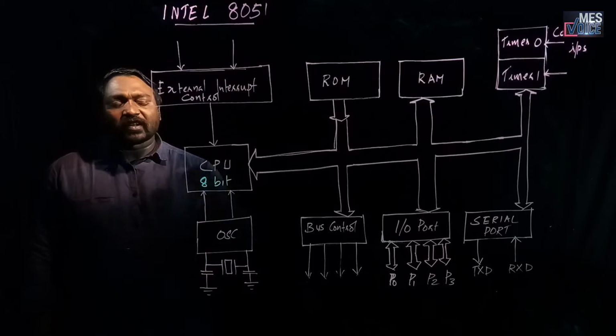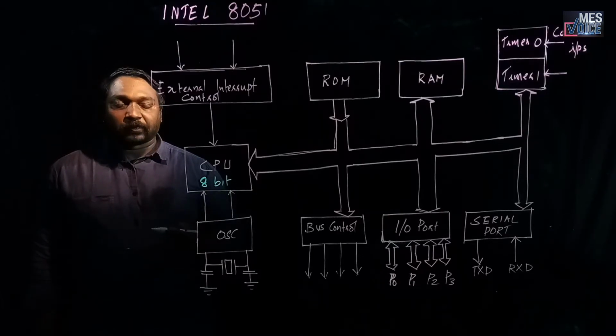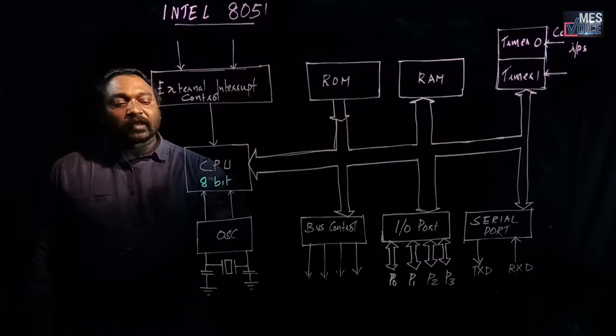What does that mean? It can perform arithmetic operations like addition, subtraction, multiplication and division, and logical operations like OR, XOR, on 8 bits at a time. That's why this CPU is called an 8-bit CPU.